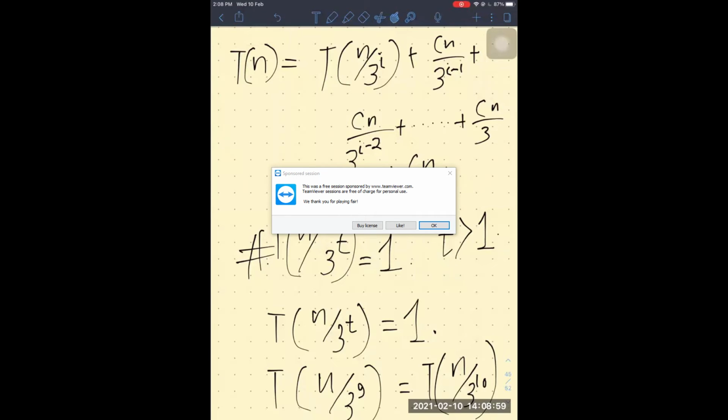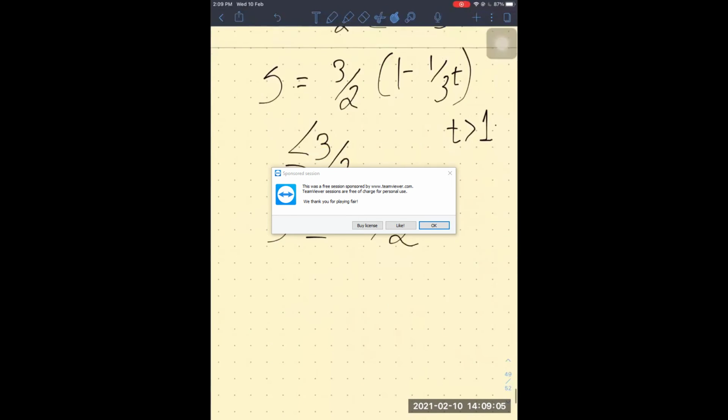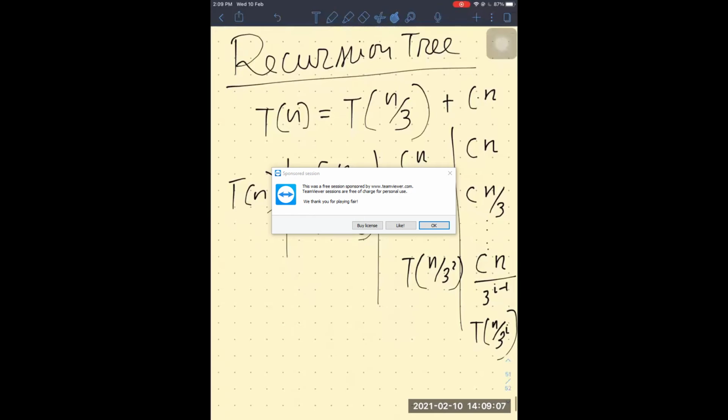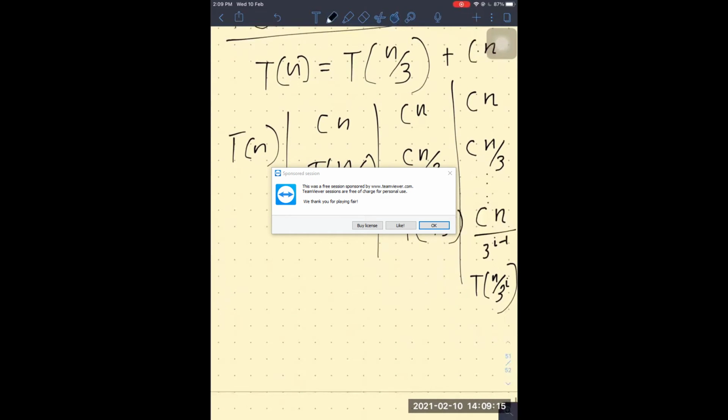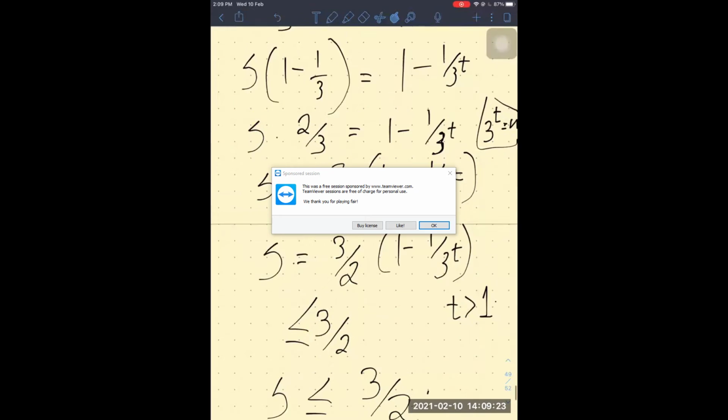Is it kind of clear what we are trying to say? The recursion tree method is one other way of proving the correctness of Master's theorem. Using this recursion tree method also we can show that Master's theorem is correct.